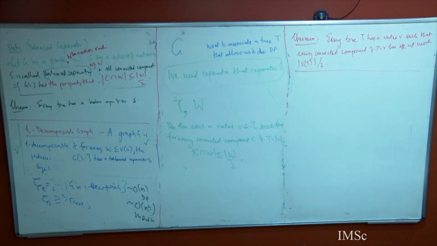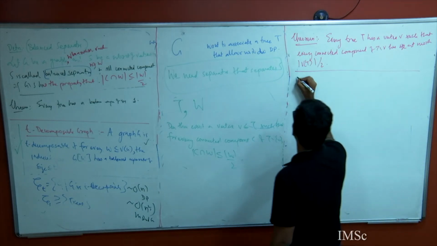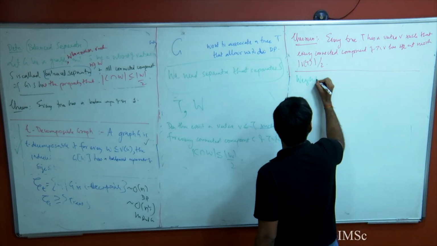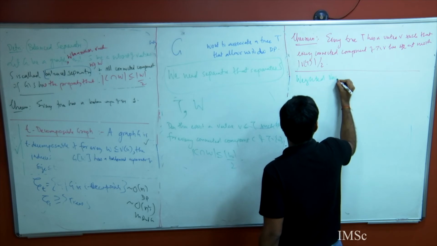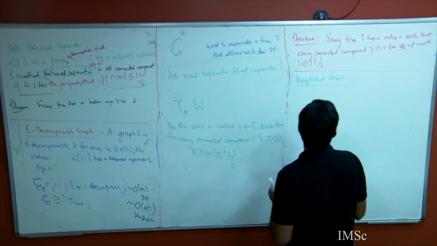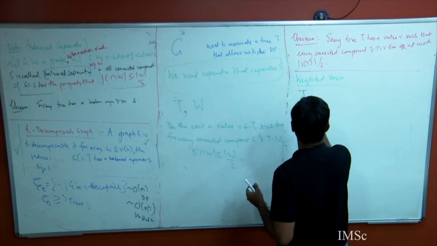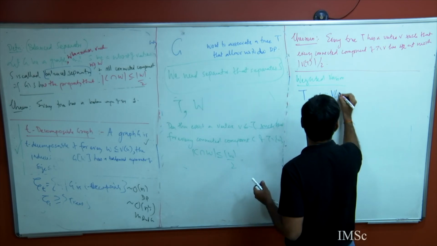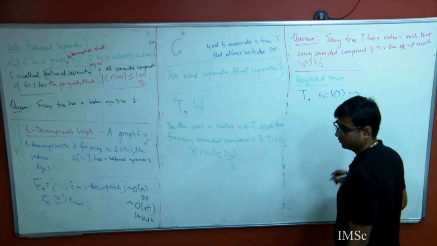I want to prove a slightly different version now, which I call the weighted version. So now I also have a tree T and I have a weight on Vt.